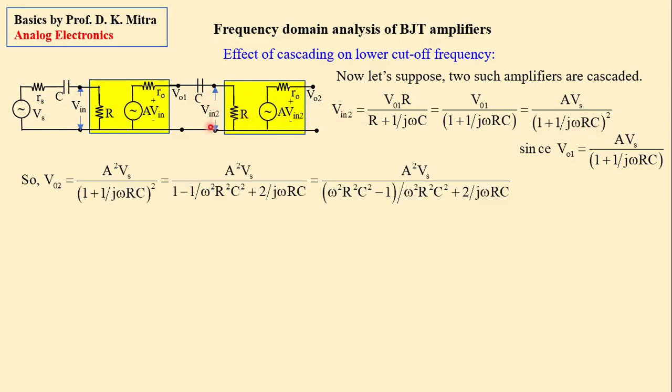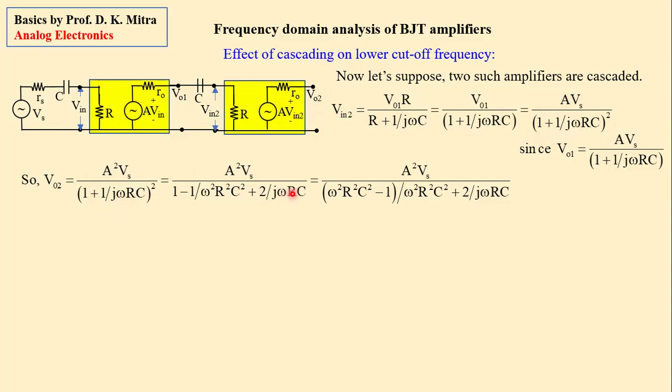If this is VIN2, then what is VO2? It is A times VIN2, so it becomes A square VS divided by this term, which remains as it is, the whole square.